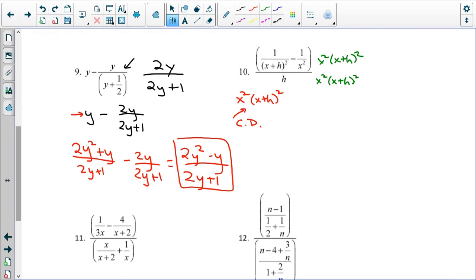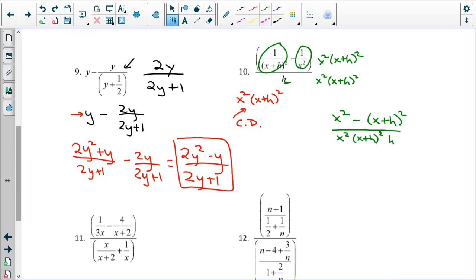The x plus h squareds are going to cancel from this part, and I'll end up with just x squared. From this part, the x squareds are going to cancel, so I end up with x plus h squared over here. And then the total bottom denominator ends up being x squared times x plus h squared times h.